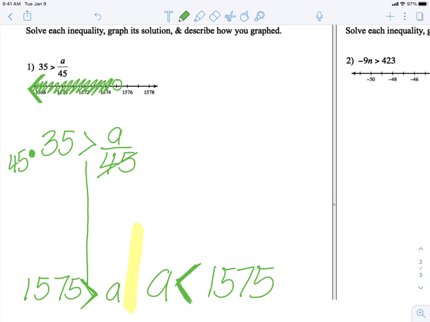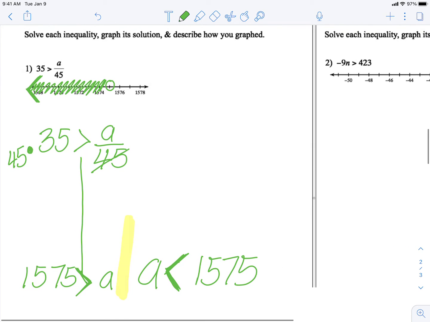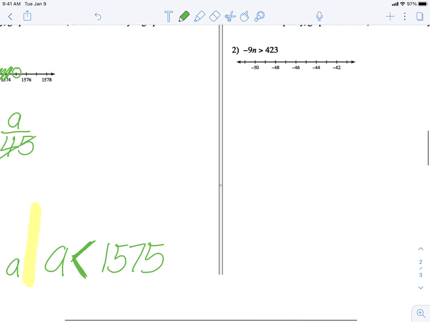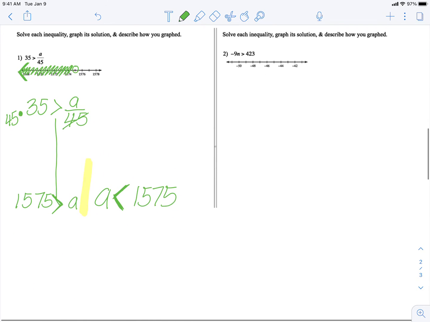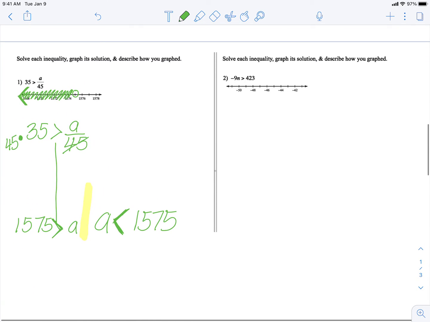All right. Now one more example. Perfect. Let's try example number 2 here. First of all, wait a minute. I forgot. Describe how you graphed.